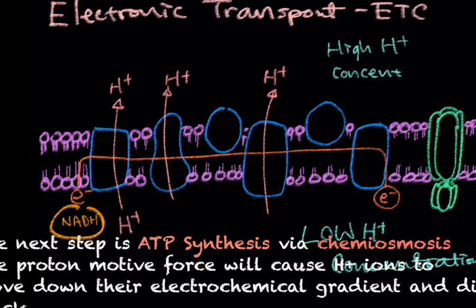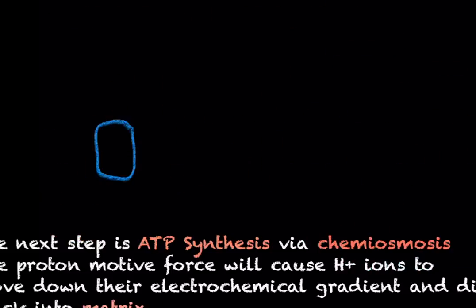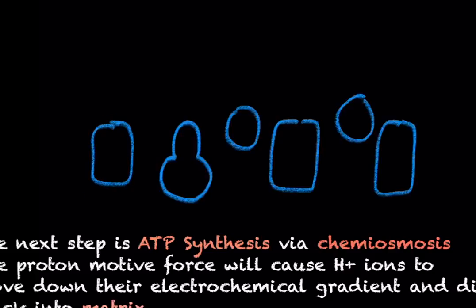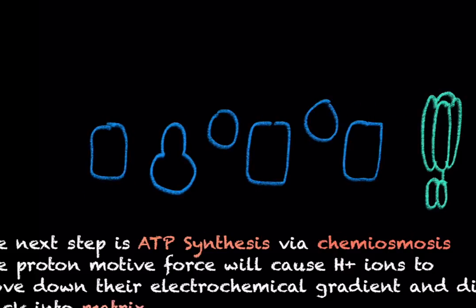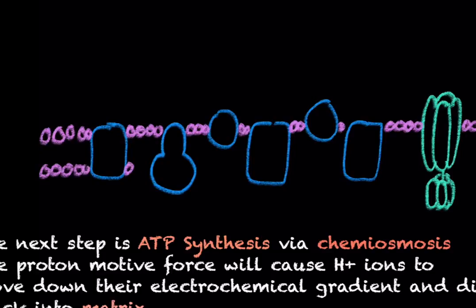The next step is ATP synthesis by chemiosmosis. The proton motive force will cause H cations to move down their electrochemical gradient and diffuse back into the matrix.